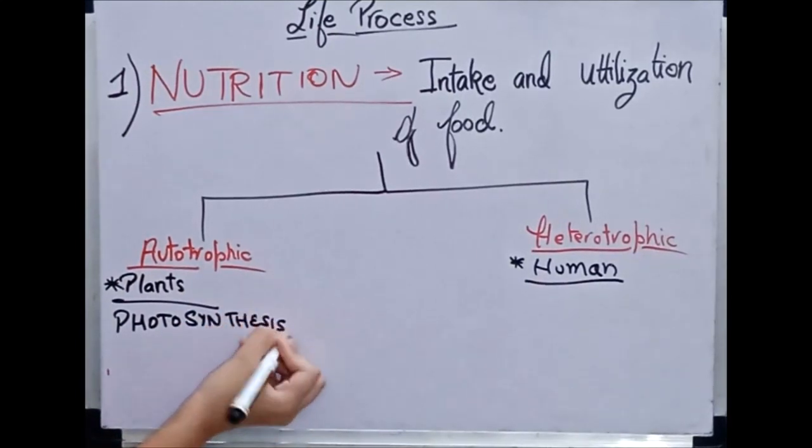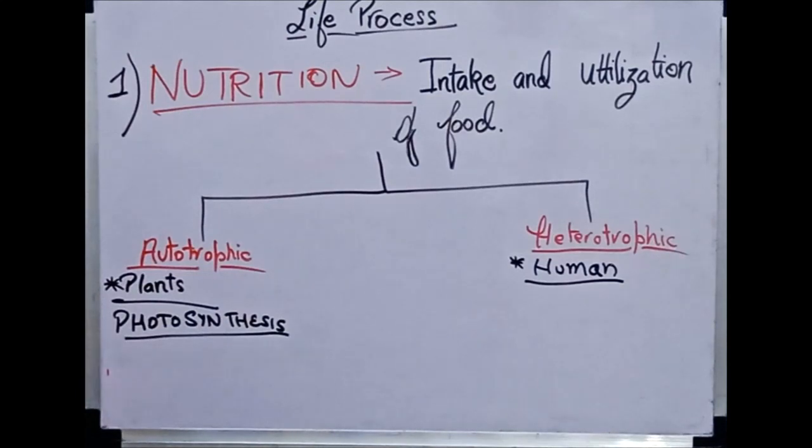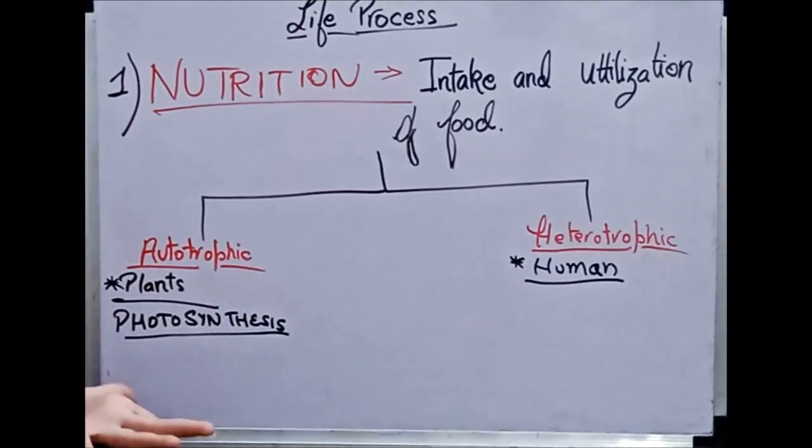Photosynthesis is again a topic we have discussed in our previous classes, but here we are going to use a few chemical formulas to represent it, and a bit of a different type. The process is the same, so we do not need to really worry about it. Plants make their own food by the process of photosynthesis, and hence you can just relate that autotrophic means self-nourishment, manufacturing food by themselves. That's what autotrophic is all about.